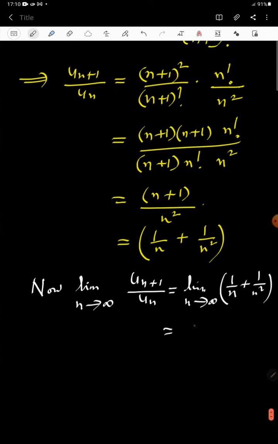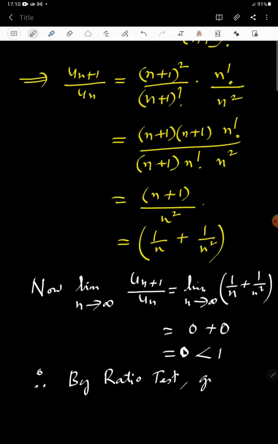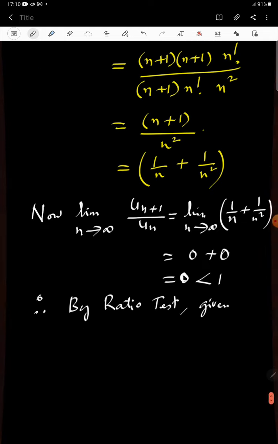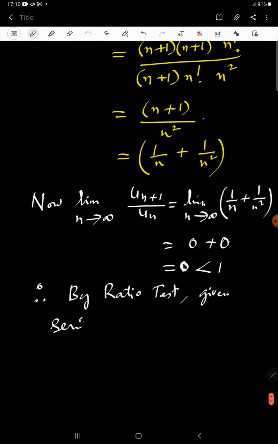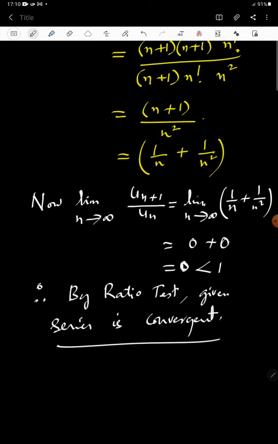After separating the limit, we will get 0 plus 0, that is finally 0, and that 0 value is very important here. Whatever limit comes, that is important. So that limit is less than 1. Therefore, by the ratio test, the given series is convergent. I hope you understood.